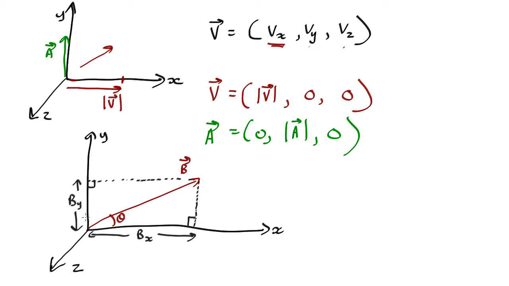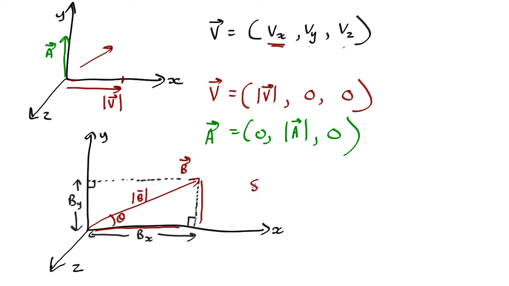How do you work them out? Well, you use trigonometry. This is a right-angled triangle. So if you remember the definition, this is the hypotenuse. So the hypotenuse is the length of b, so the hypotenuse is mod b. This is the adjacent side, and that's the opposite side of the triangle for the angle theta.